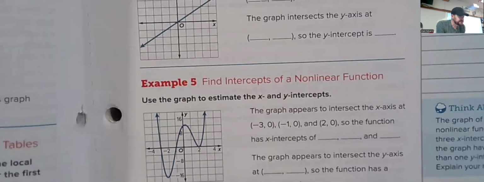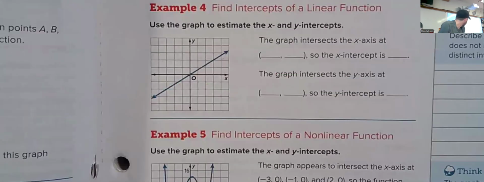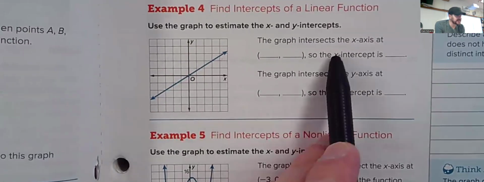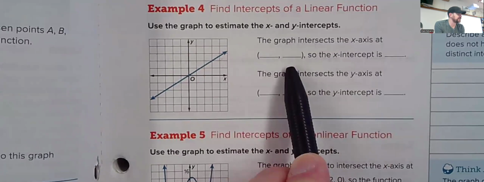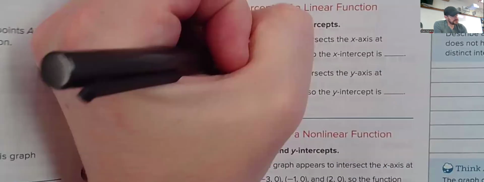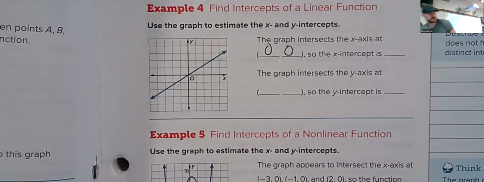Example 4 then. It says use the graph to estimate the x and the y-intercepts. I don't think we'll need to estimate on this one, but if we needed to, we would. The graph intersects the x-axis at what point? What are the coordinates? 0, 0. Yeah, right in the middle. And so we're looking specifically for the x-coordinate here.